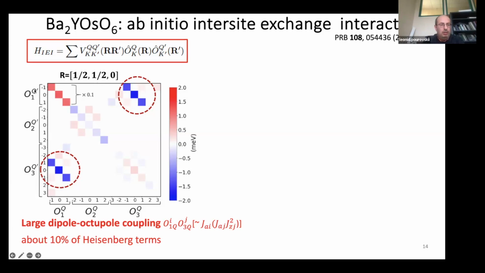So coupling moments of rank 1, which are simply dipoles on one side and on another side. But also what one finds is relatively strong dipole-octupolar couplings. So they're still quite a bit smaller than the leading dipole ones, because those are multiplied here by 0.1 to make the rest visible. But they make almost 10% of Heisenberg terms.